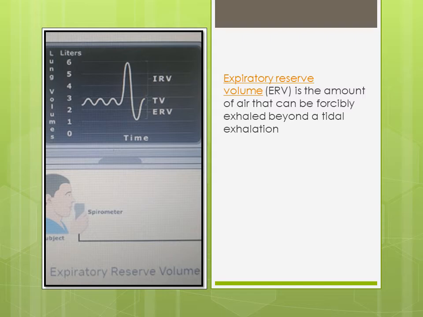The graph goes up for the IRV, then comes down slowly. We have a tidal exhalation, and then we have the expiratory reserve volume.